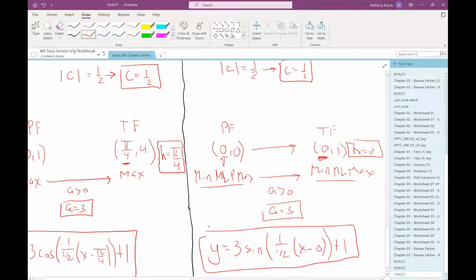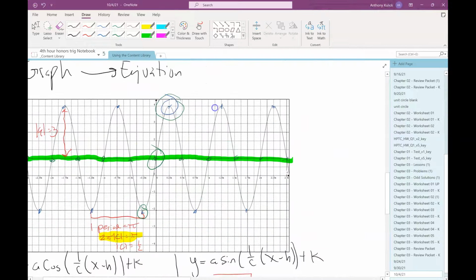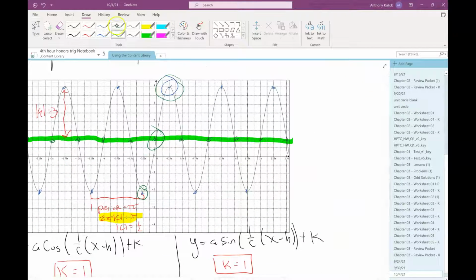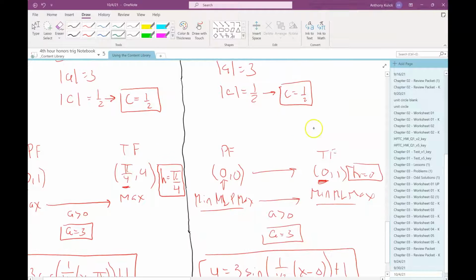Lexi: So could A change to being negative then if we chose a different method? Yeah, absolutely. So for example, had we chosen, say, this midline point at pi over 2 and 1, that one is a max, midline point, min, so there the A would be negative.